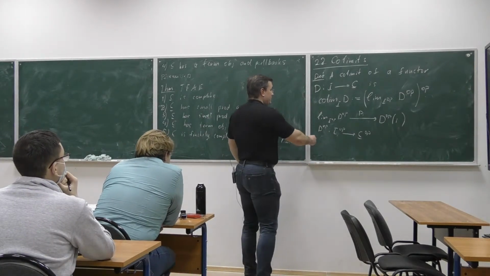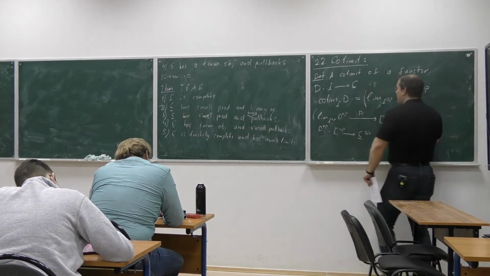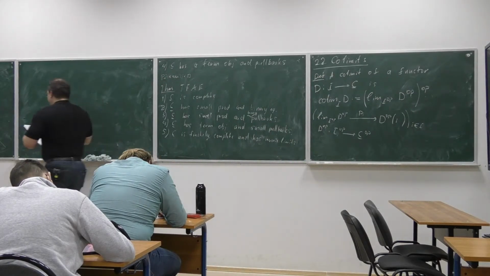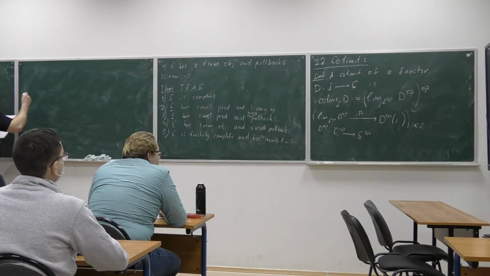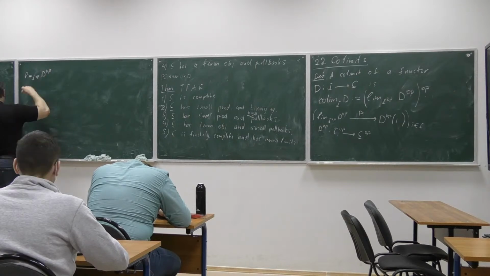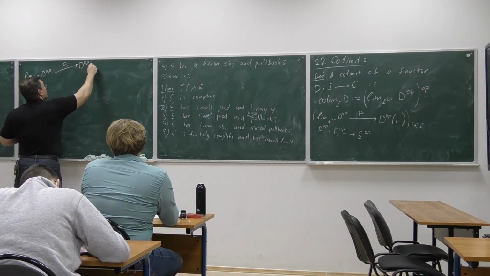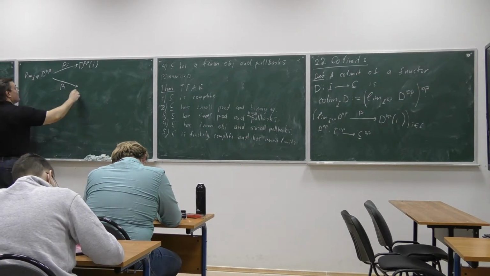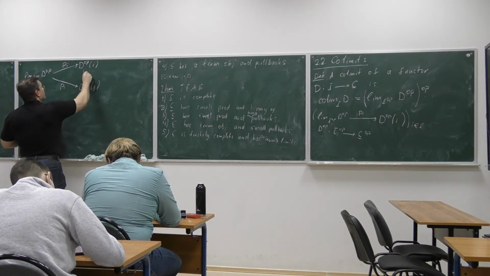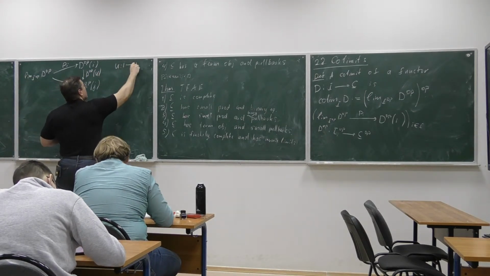Now, let's look at this thing. This is a limiting cone for this limit. And what does it mean that this is a cone? Well, it means that I have the limit over I op of D op. I have projections, say pi_i to D op of i, another projection pi_j to D op of j, and here I have the opposite of some u, where u is a map from i to j.